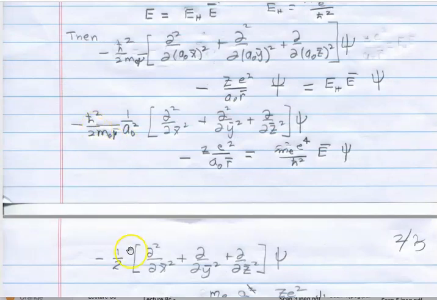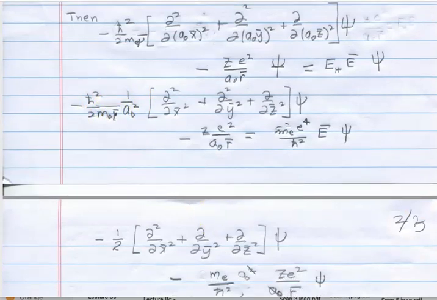And then what I'll do to get to this next, so I made that 1 for an electron, is multiply through by m e a naught squared and divide by h bar squared. So it gets rid of h bar squared, a naught squared, and m e on this term.